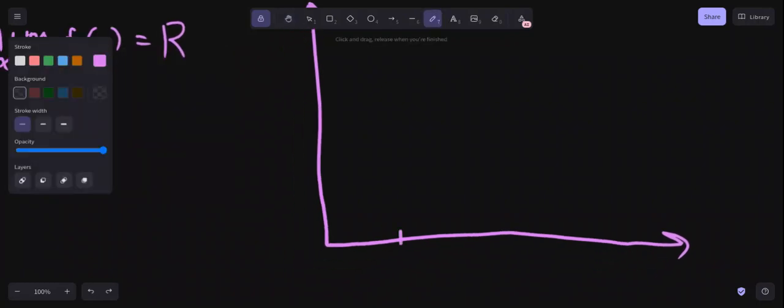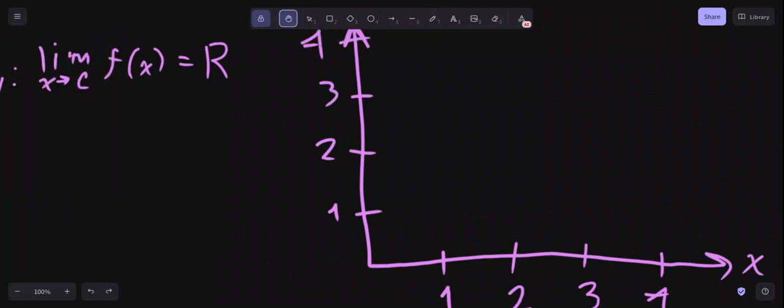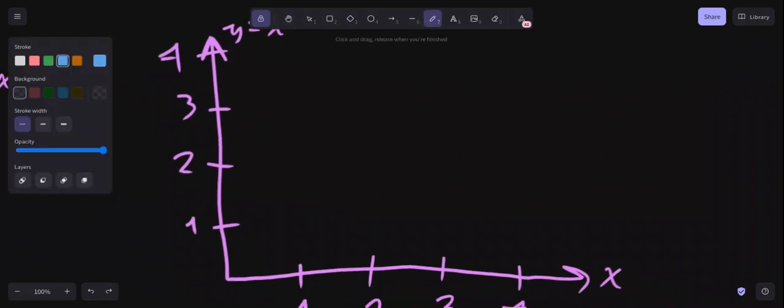So, let me mark 1, 2, 3, 4, then I go to here 1, 2, 3, 4. And then my y is equal to x squared. So sketching it, I will do something like this. We should know how to sketch x squared by now.